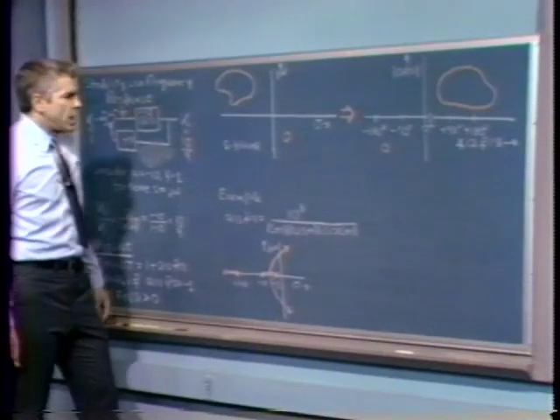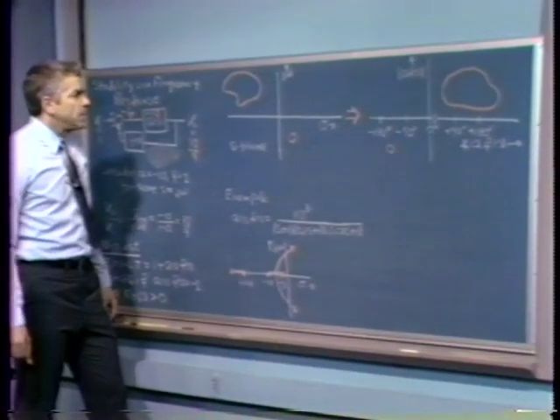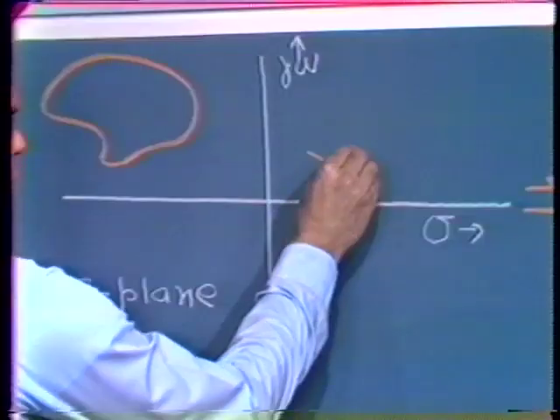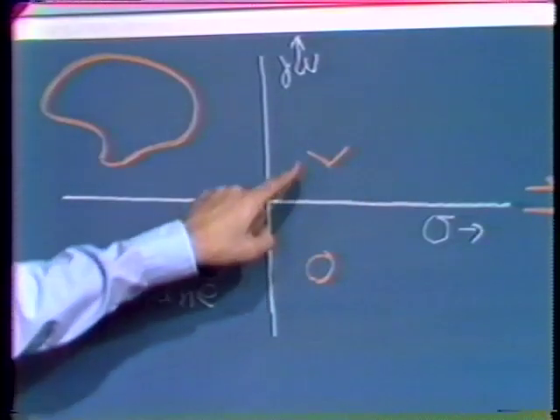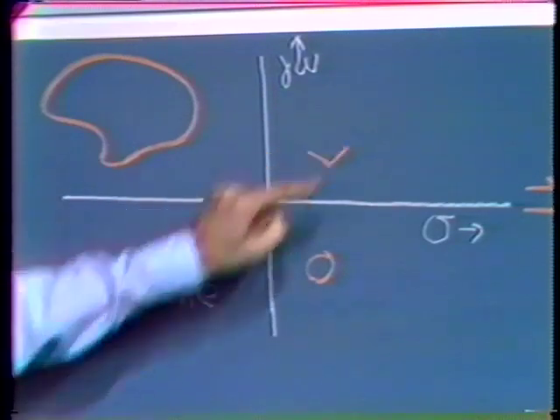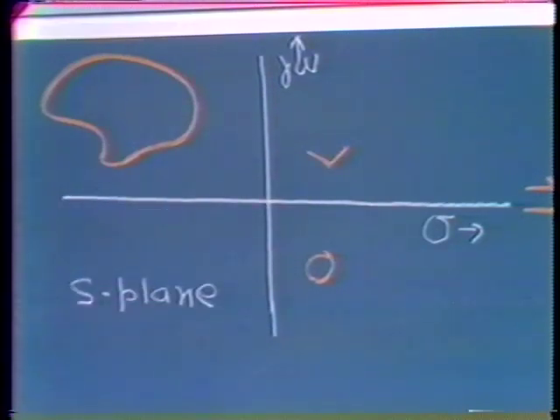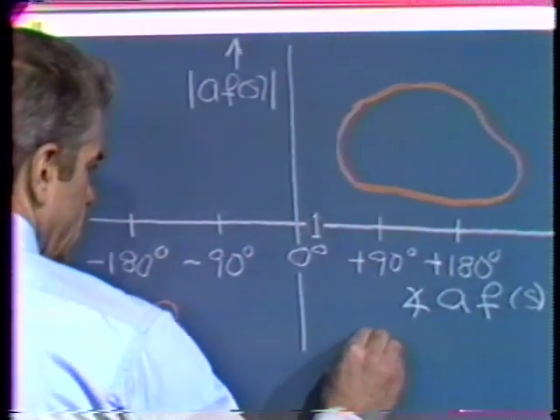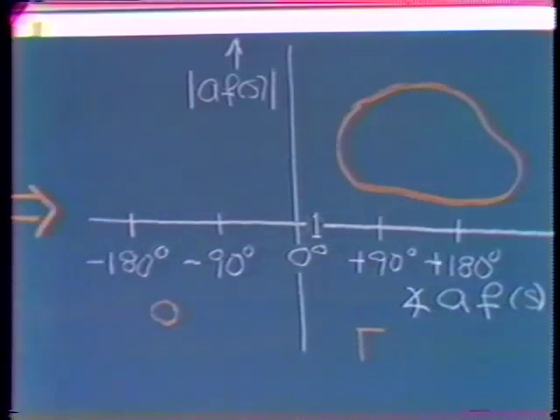There's one additional property that we'd like to use, and that is that if we make a small right angle turn, in other words, we evaluate AF for values of S that take on a right angle in the S plane, we again get a right angle in the AF plane, possibly this.